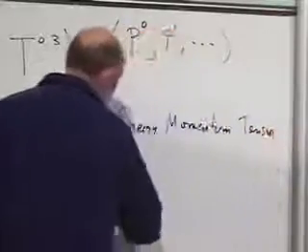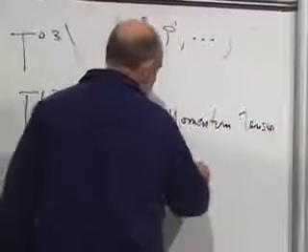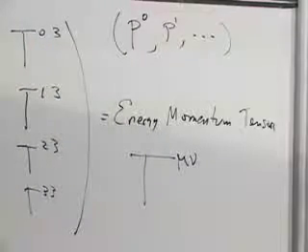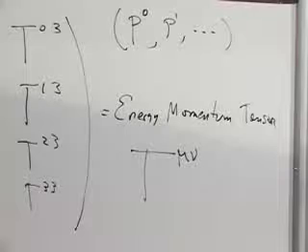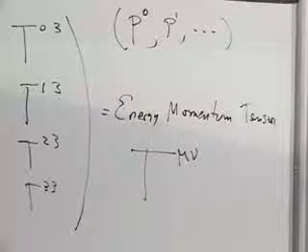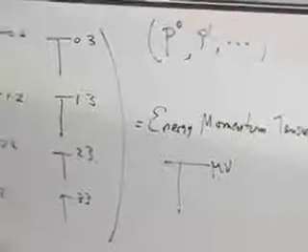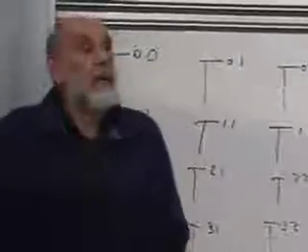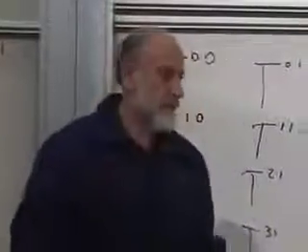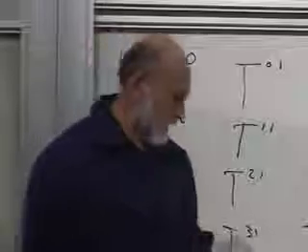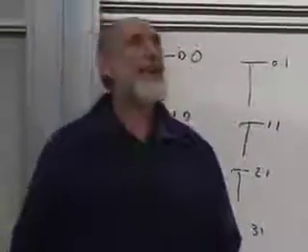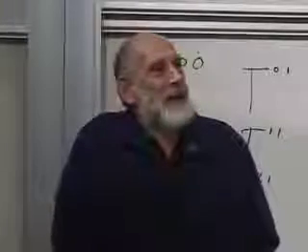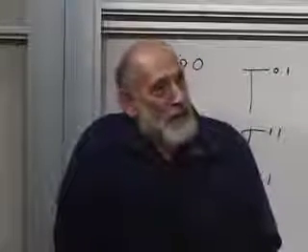And we can write it in the condensed notation T mu nu. Isn't it obvious that it's a tensor because it's a physical thing? Yeah, I guess the right way to say it is it better be a tensor or else it's not a physical thing.